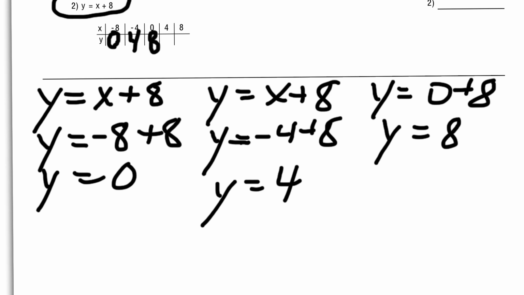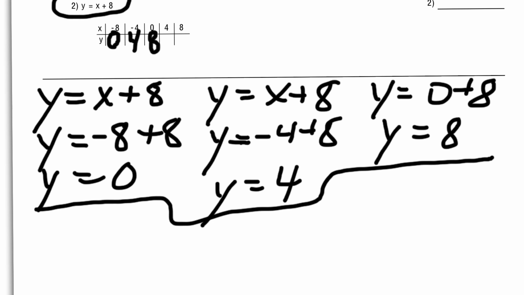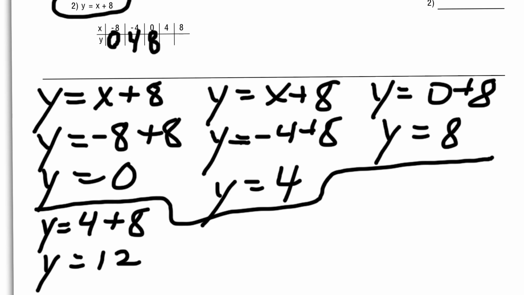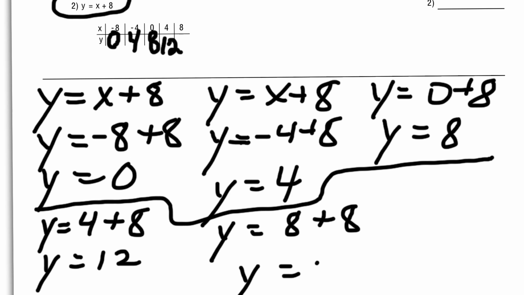Okay, and then the next one, y equals 4 plus 8. Y equals 12. And the next one's going to be 16, right? Y equals 8 plus 8. Yep, y equals 16.